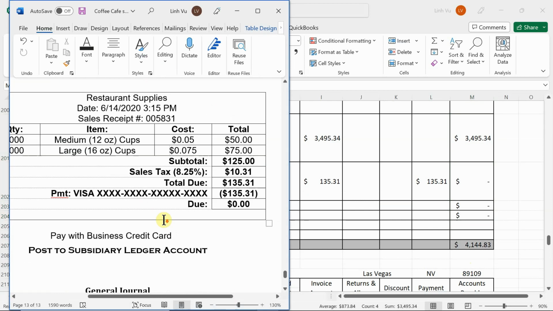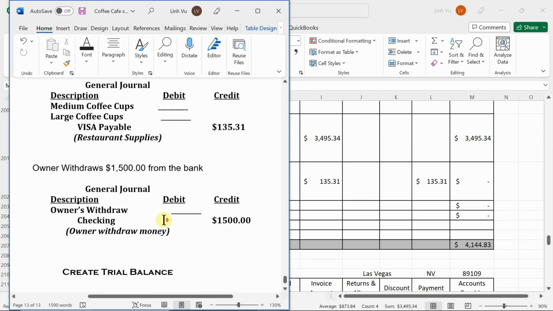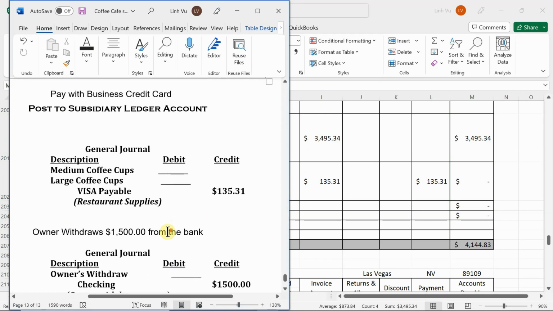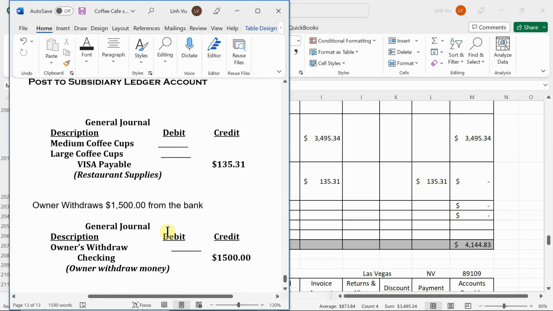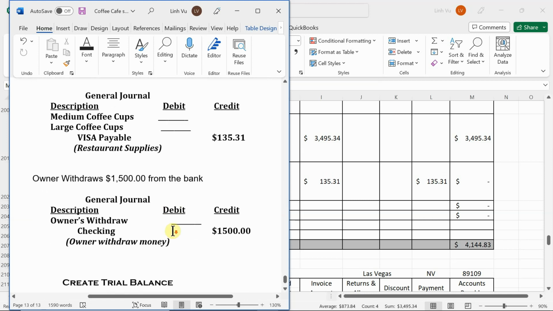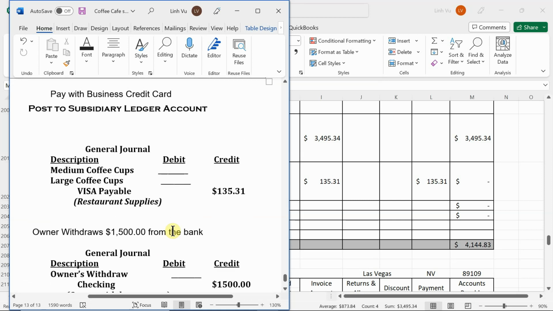Very, very last transaction of the day, right? Very, very last transaction is the owner decides to withdraw $1,500 from the bank. Okay, so what did the owner do?